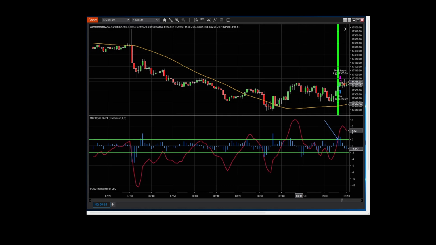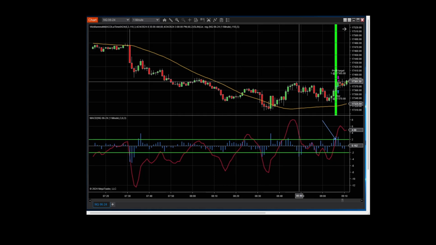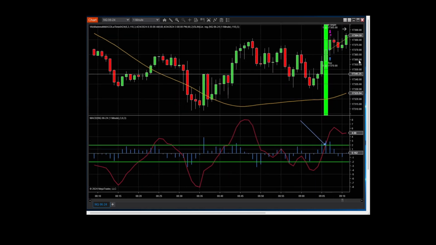So let's say at this moment you go 1 minute. Oh, here we go. The close of this bar has broken the high of this bar right here, right? So the uptrend is confirmed and the average line has gone up.